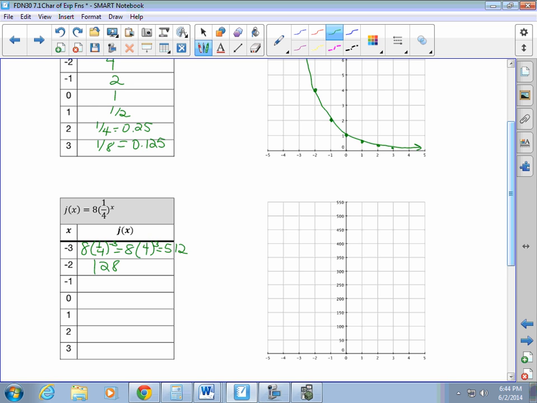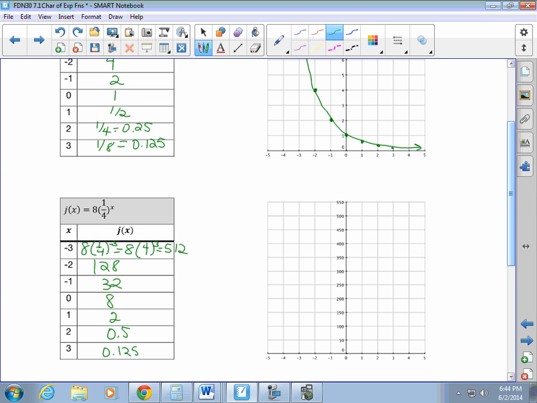To the power of -1 would be 8 times 4, so that's 32. To the power of 0 would be 8 times 1, so that's 8. 8 times 1/4 to the power of 1 is just 8 divided by 4, so that's a 2. To the power of 2 would be 8 over 16, so that's a half. And to the power of 3 would be 8 over 64, which is 0.125.